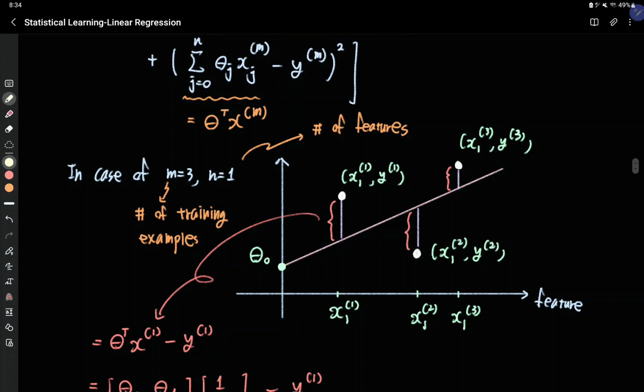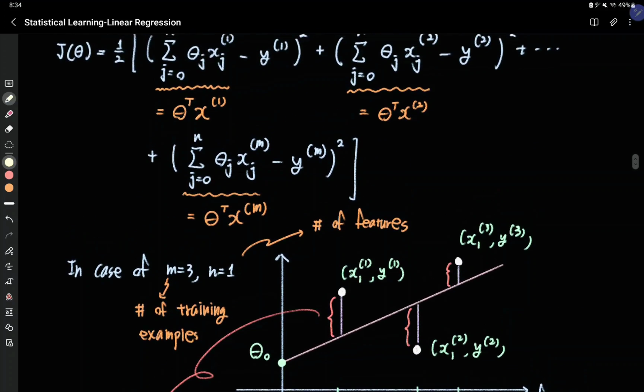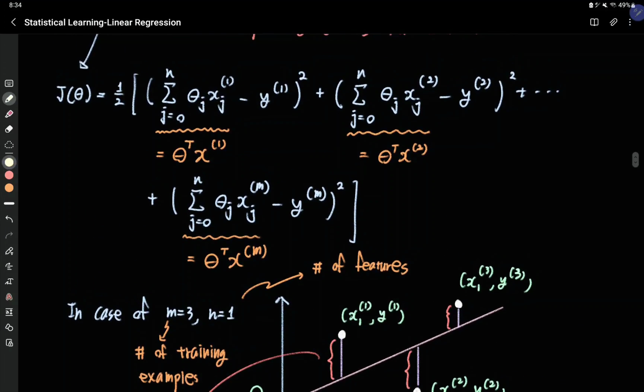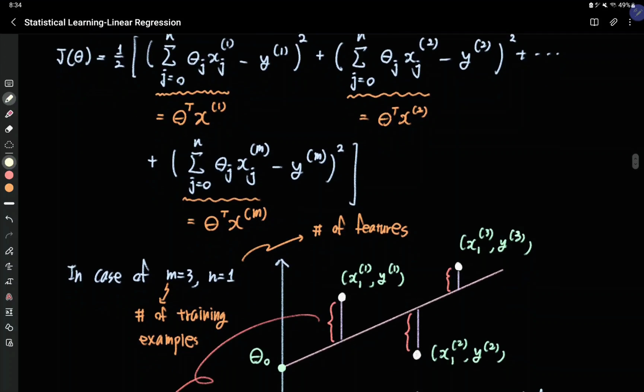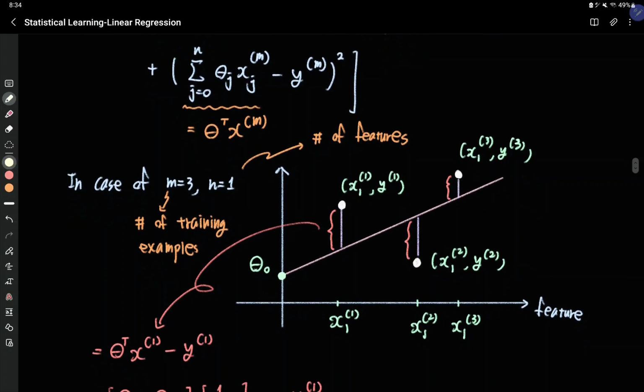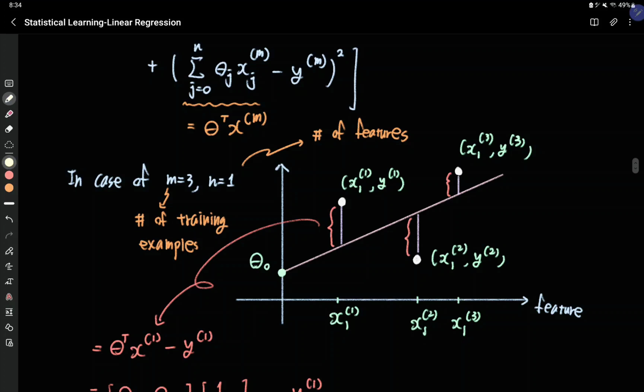Let's say the horizontal axis represents the feature, and the vertical axis represents the difference between the hypothesis and the target value. Since we consider only one feature, we get only one horizontal axis.